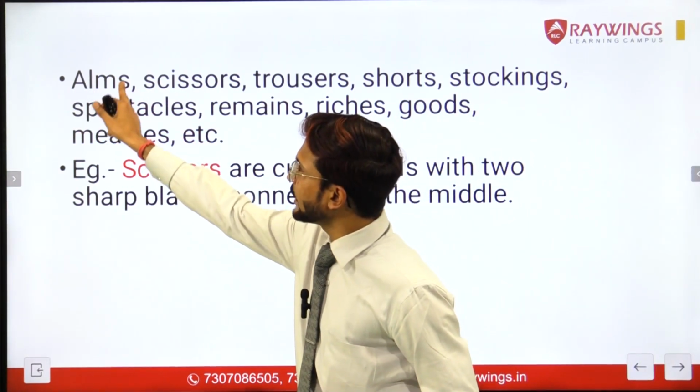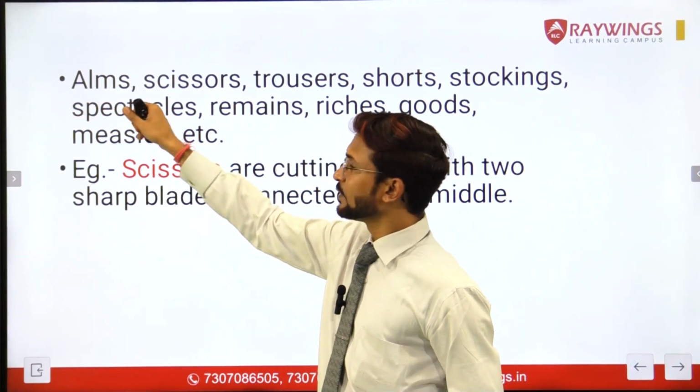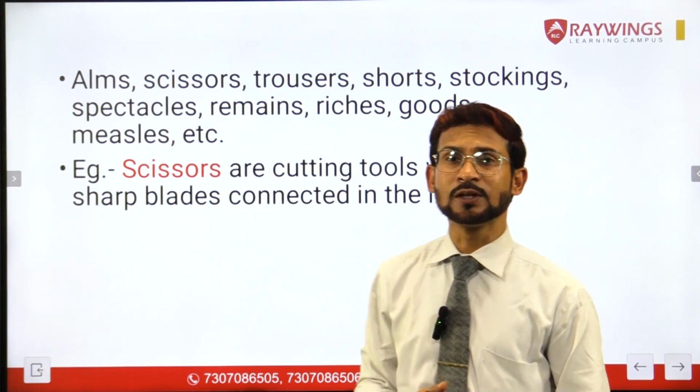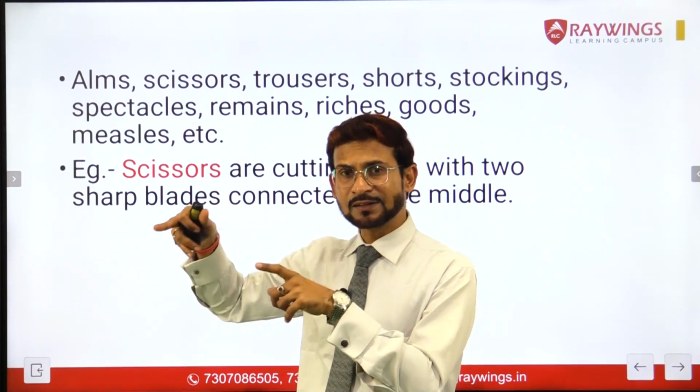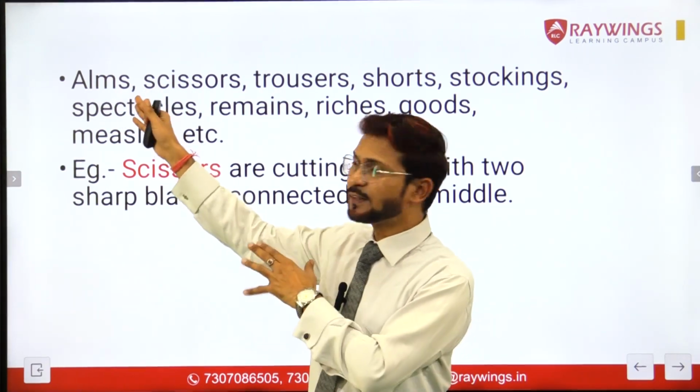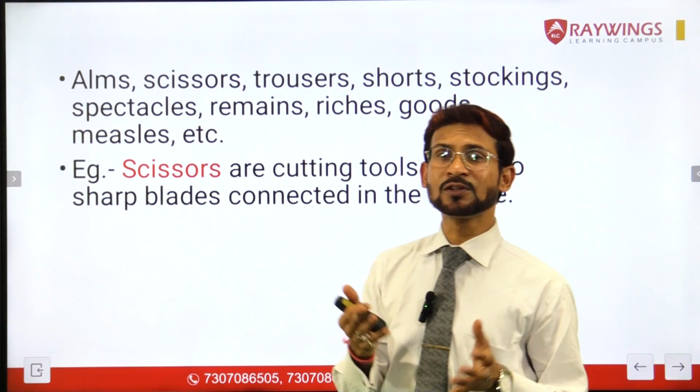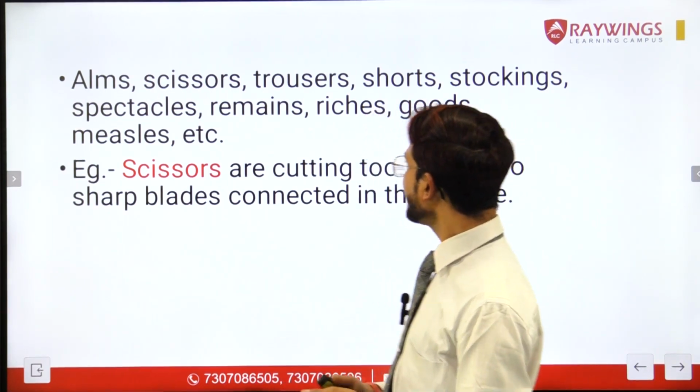Now you must be wondering, what is this word alms? So alms is something which you give to the beggars. This is not a typing mistake. It is not ARMS, it is ALMS. Alms is something which you give to the beggars, right?